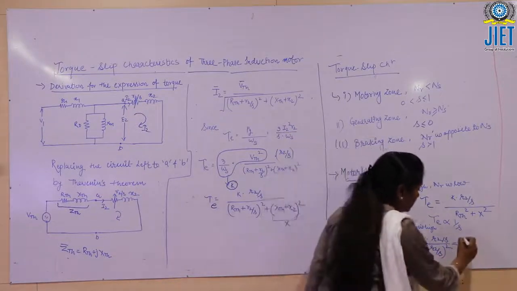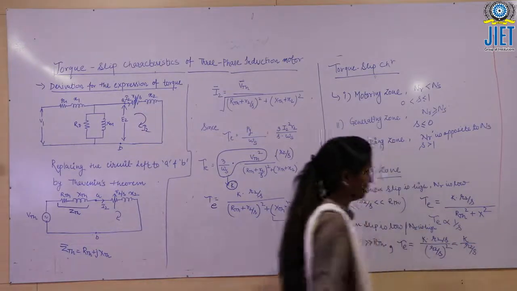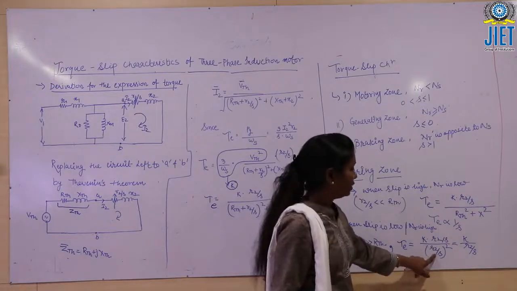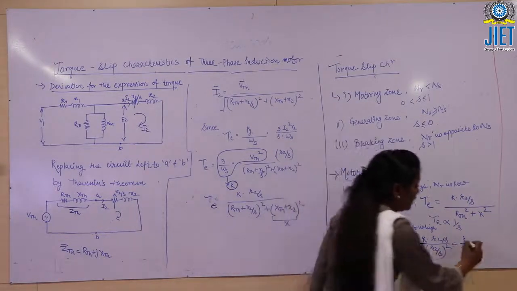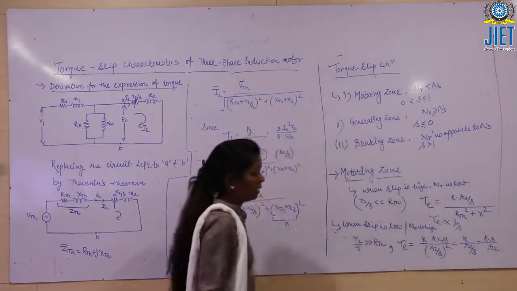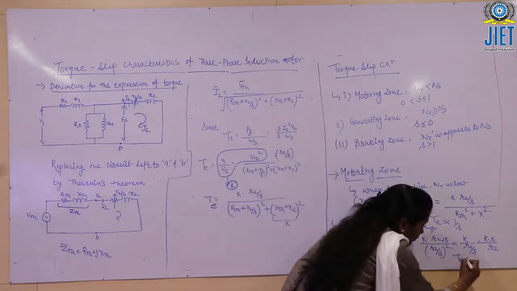So it becomes K into R2 by S divided by R2 by S. The R2 by S cancels, and in the denominator it is R2 by S, so this becomes K into S upon R2. And here we can see the torque is proportional to S.